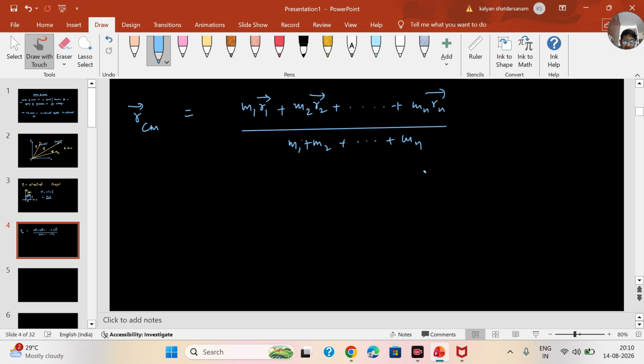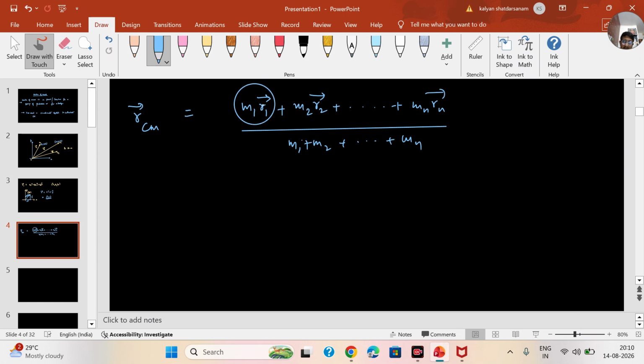So if you have a group of particles, take the first particle, find its mass, find its position, multiply both. Take the second particle, find its mass, find its position, multiply both. Like this, you multiply each mass with the corresponding position and add all these vectors. Note that mass into position is another vector.